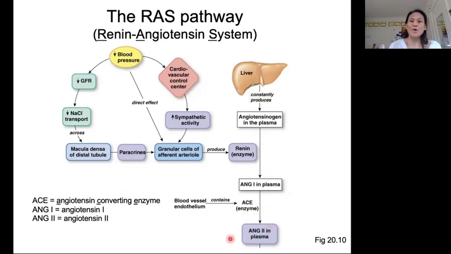Okay, so you might need to pause and take a moment to review this if you would like. But basically, again, renin is going to convert angiotensinogen into angiotensin 1. ACE is going to convert angiotensin 1 into angiotensin 2.